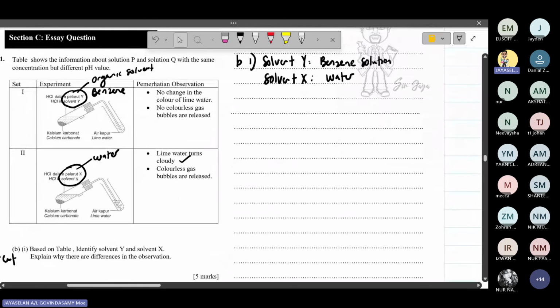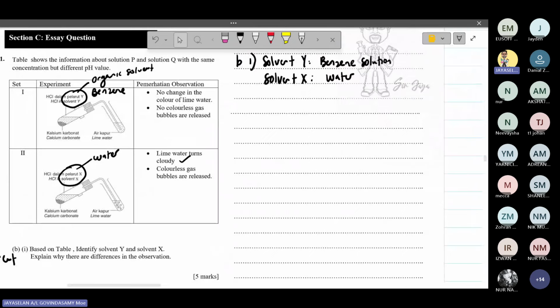Any question? Explain the differences in the observation. In the observation, how to explain the differences?